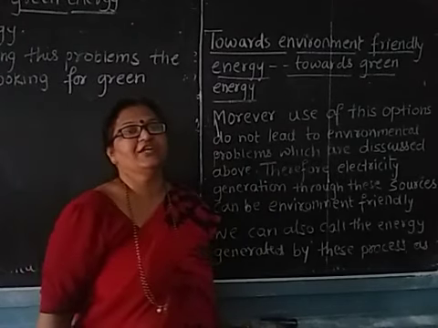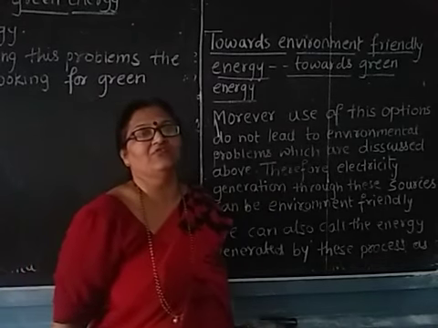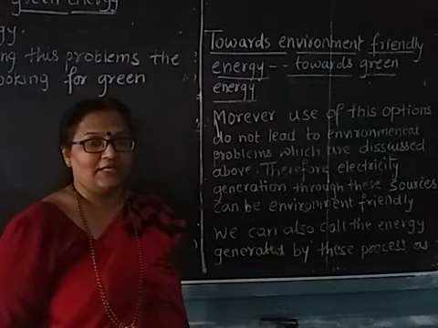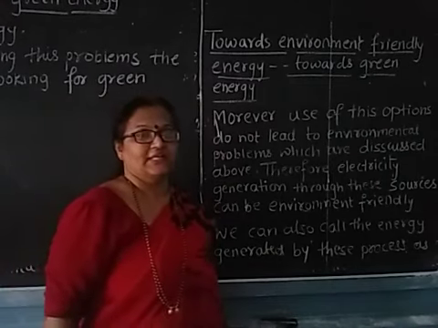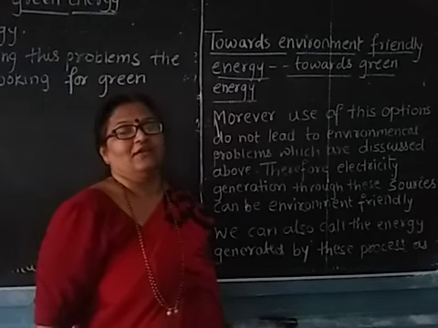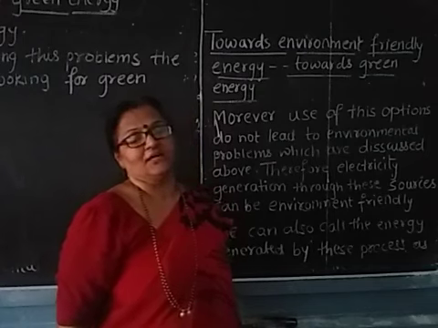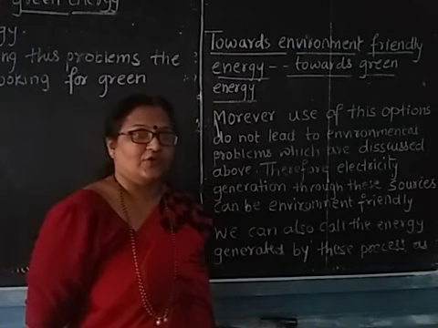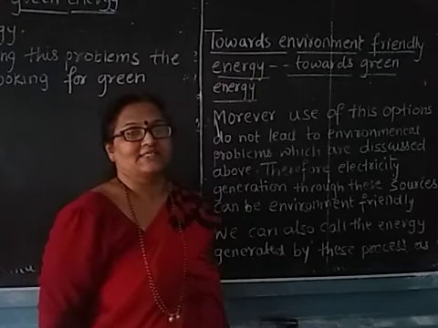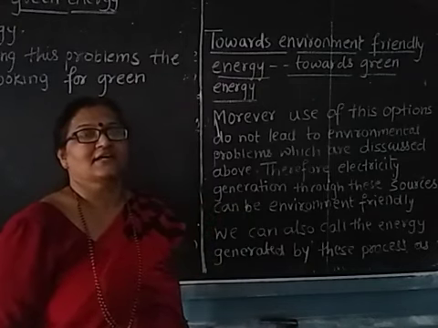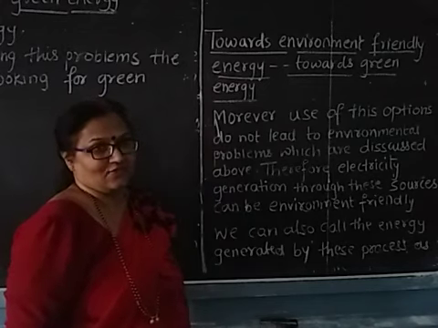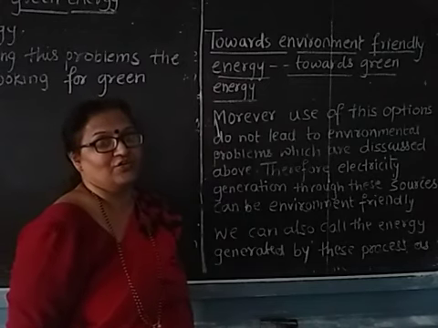That means if we use the sunlight or if we use the water reservoirs, we cannot get problems, or there is no air pollution due to these power plants. But whenever we are using the thermal power plant, the nuclear power plant or the natural gas plant, this may cause air pollution. Other problems may also be created due to this.